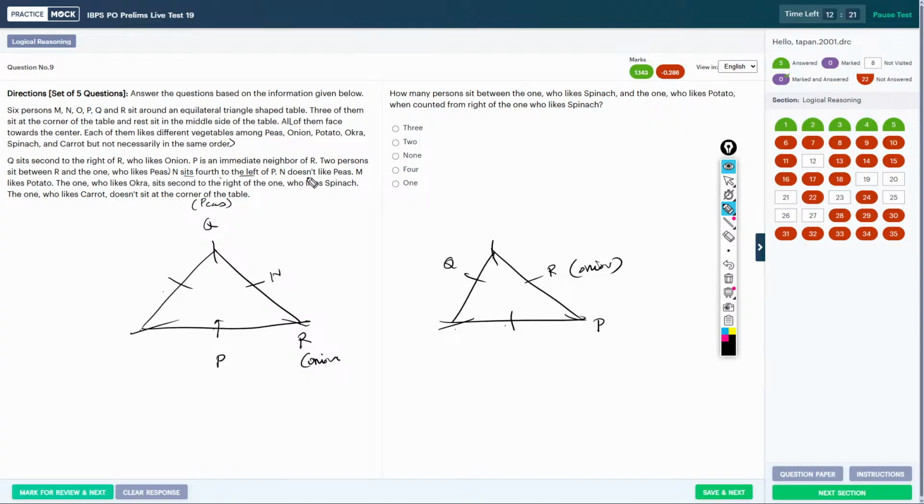N does not like peas. I don't know why. Okay, 2 sit between R and the one who likes peas. So 1, 2, R, peas. Okay, okay.